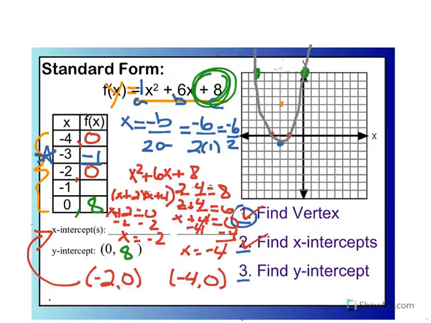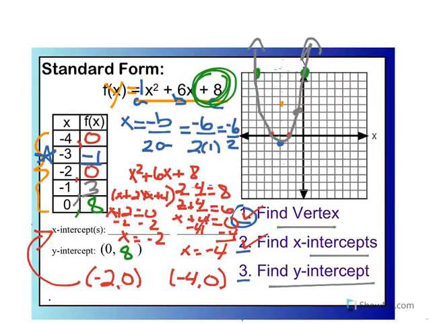So if we take a moment and look, and we connect our points, we can see that we have an open-facing parabola. So we found the vertex, we found the x-intercepts, and we found the y-intercept. And we did find when x was negative 1, it looks like we're right about here. So that is negative 1, positive 3. So take a moment.